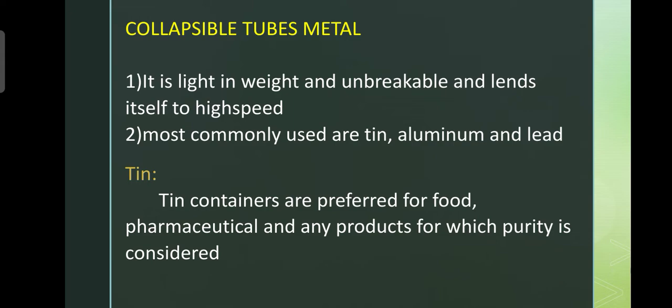Collapsible metal tubes. First, they are light in weight and unbreakable and lend themselves to high speed production. Second, most commonly used are tin, aluminum, and lead. In that, the first one is tin. Tin containers are preferred for food, pharmaceuticals, and any products for which purity is considered.